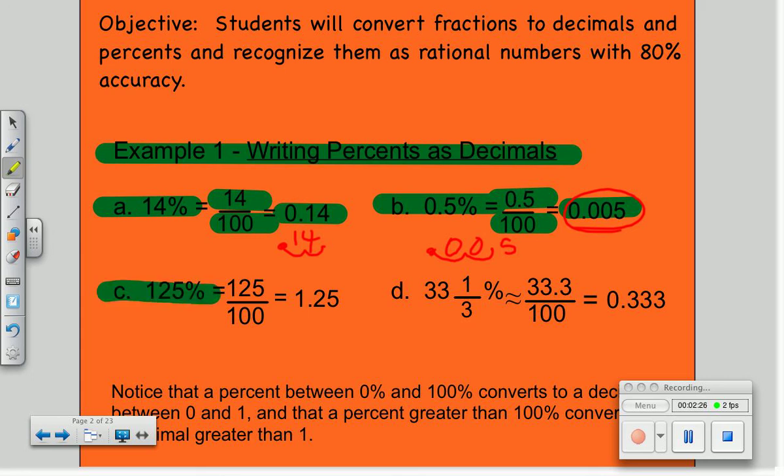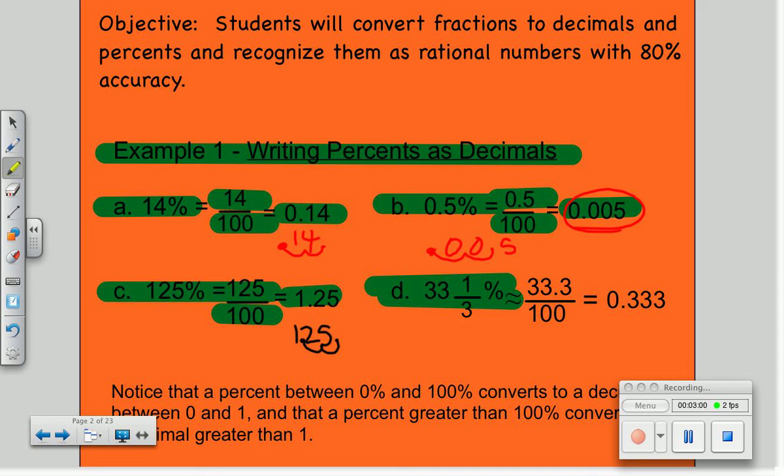And C, 125 out of 100. So I have the number 125. I move the decimal twice. 1, 2. Now it's here, 1.25. And D, 33 and 1/3%. We're using an approximation here instead of equals because 1/3 is a repeating decimal. 1/3 is 0.333333, on and on forever, okay?